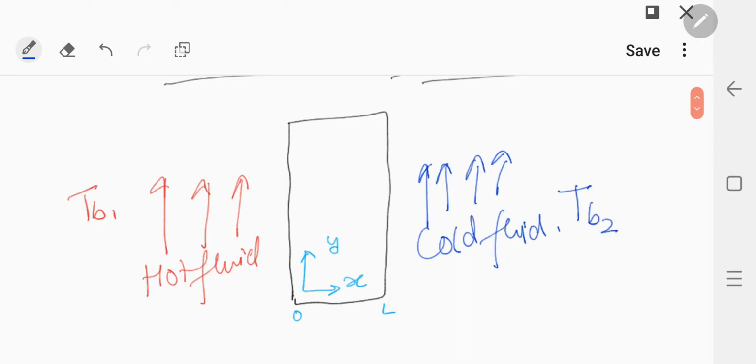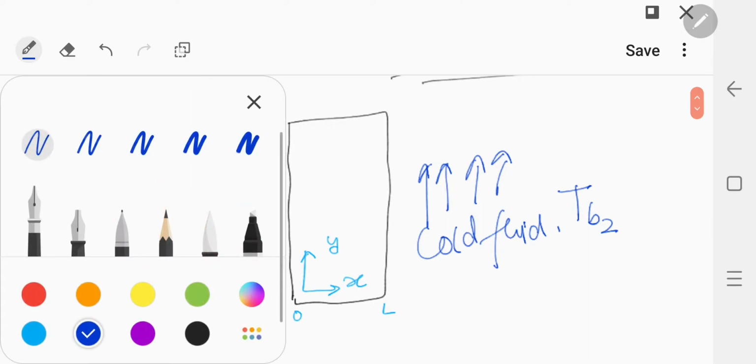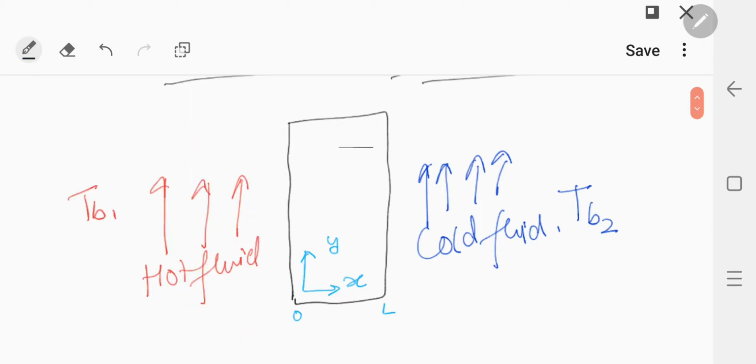Let's say the surface area of the wall is A, which is constant on both sides. Now the wall temperature at x = 0 is TW1 and the wall temperature at x = L is TW2.